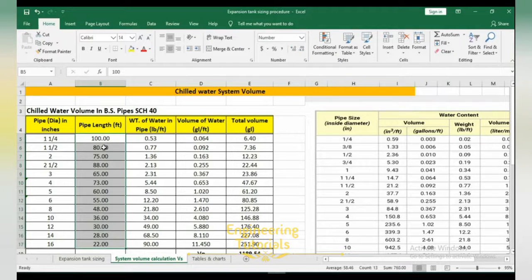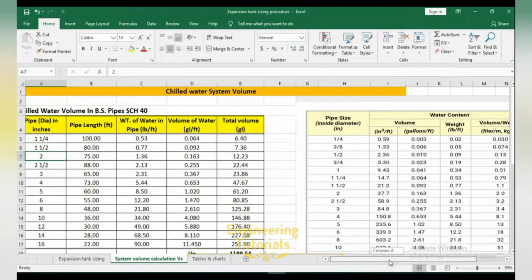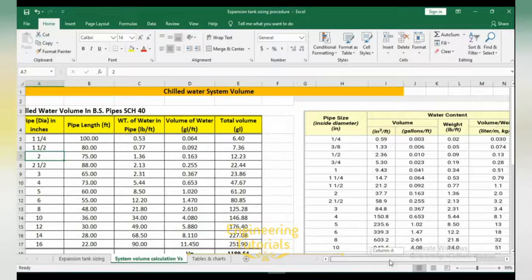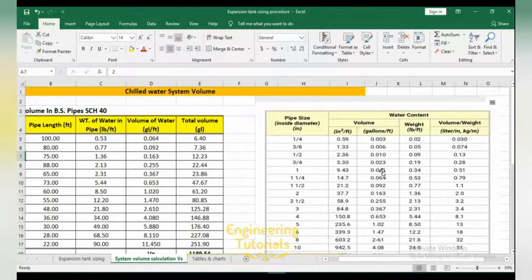Let's say I have written everything, and the third tab is related to the weight of water in pipe, that is lb per feet. How much lb per feet is required for each pipe size. So let's say we have a 2-inch pipe, and moving to the right side, this is the water content table which we are going to use.